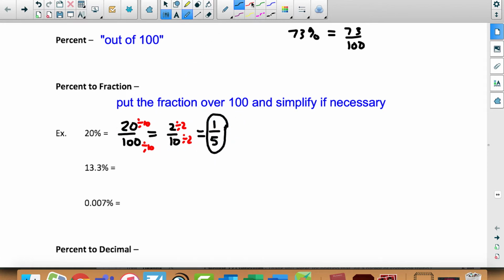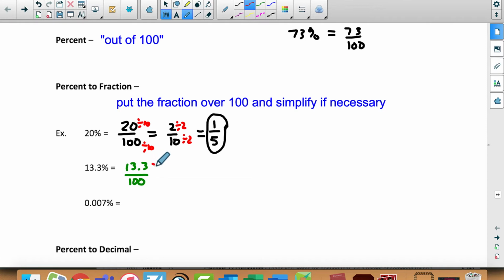Okay, let's do another one. 13.3%. Whenever we see percent, we just put it over 100. 13.3 over 100. Now, this one, we don't really want to have a fraction with a decimal in it. That's kind of ugly. So, do you know what you can do to move that decimal? We could either just move it one spot and do the same to the bottom, or the other way we can think of this is multiplying it by 10.